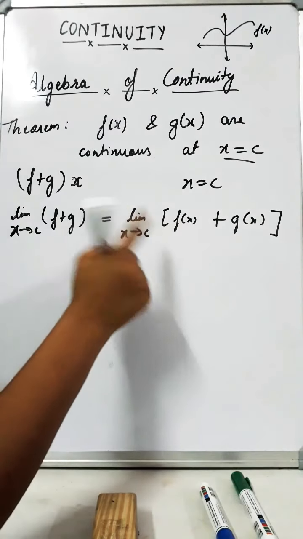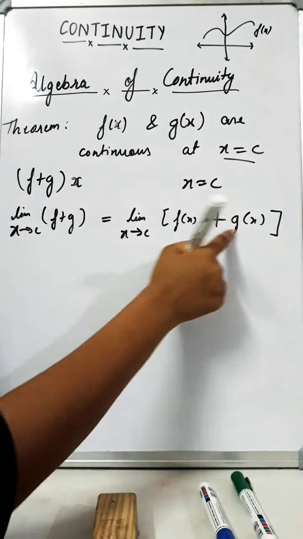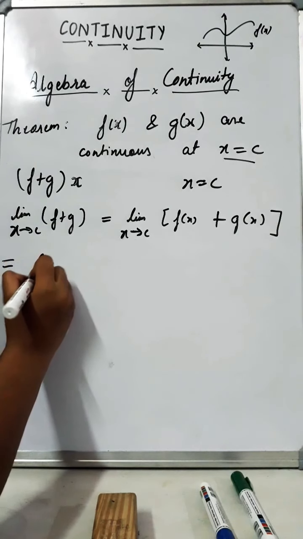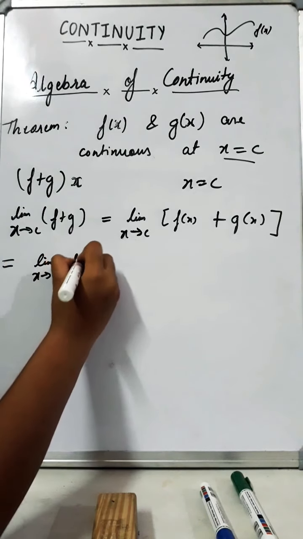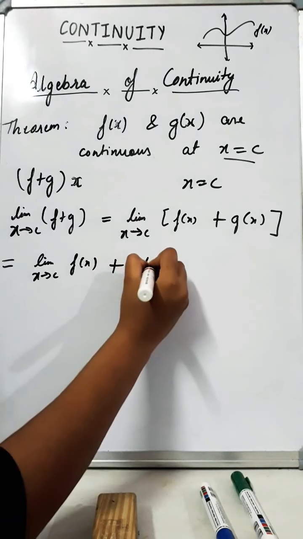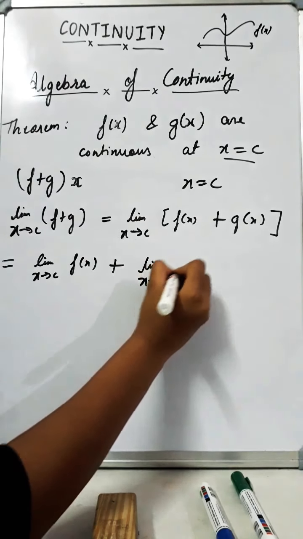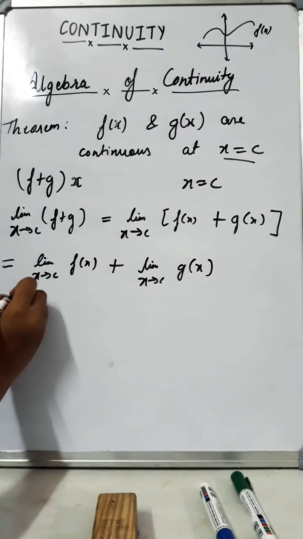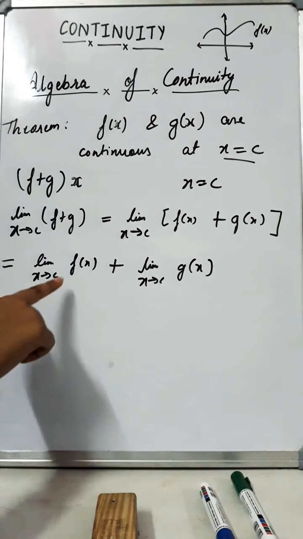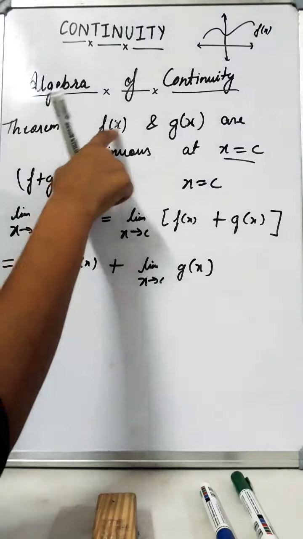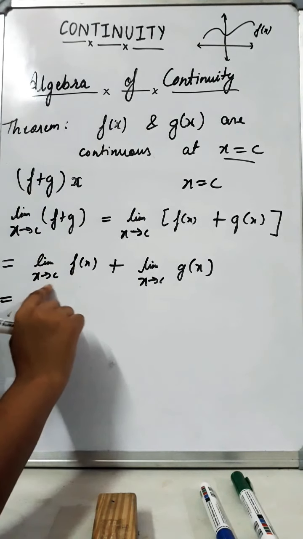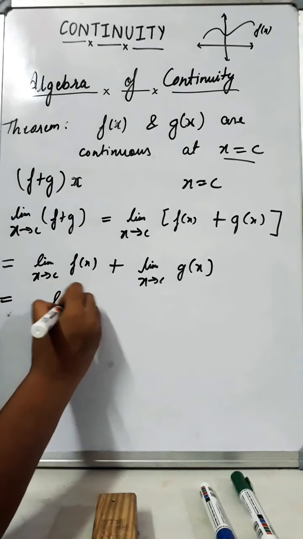Now by the very definition of limits, you can split this into limit x tends to c, f of x plus limit x tends to c, g of x. Since f of x is continuous at c, that means limit x tends to c, f of x is equal to f of c.